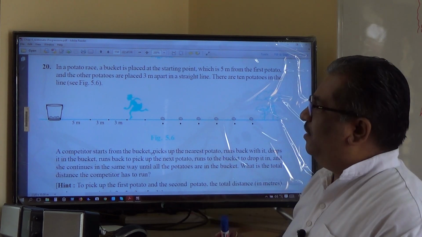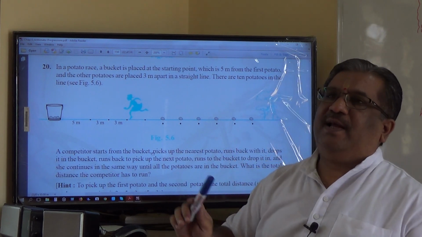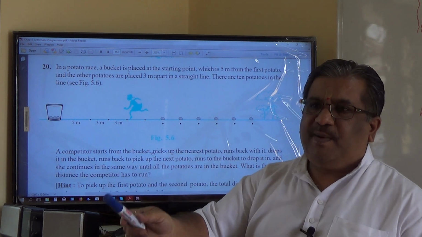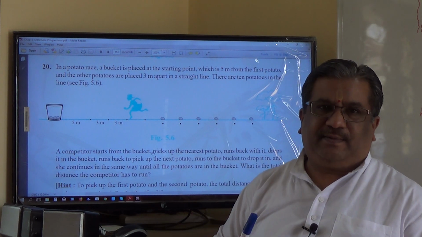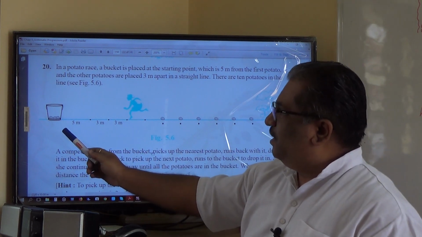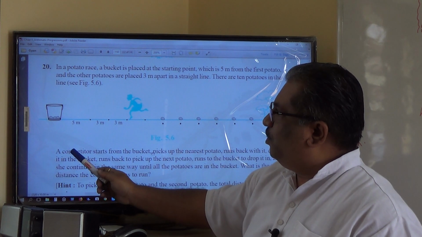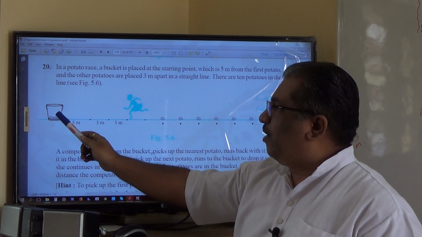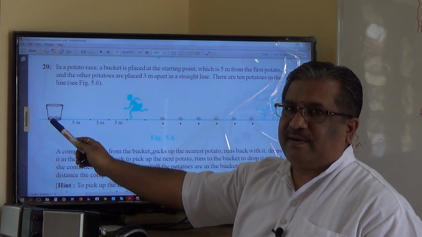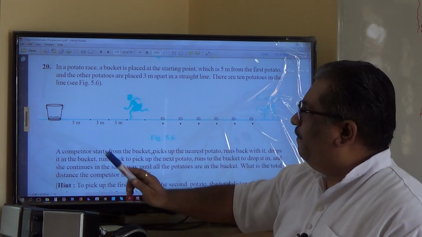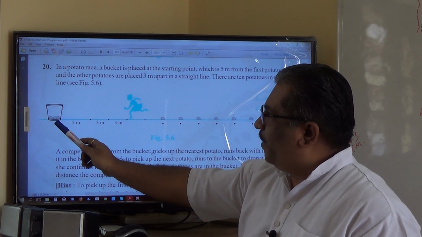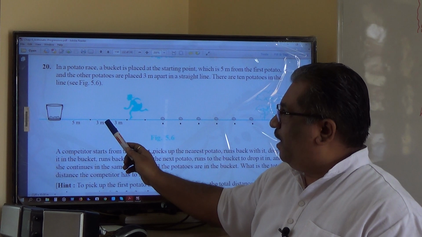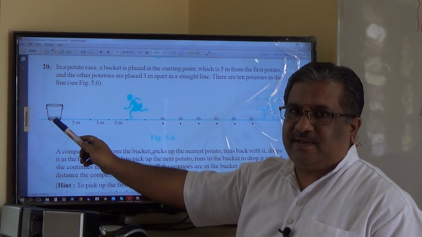Let us understand the distance traveled by the competitor to pick up and drop each potato. To pick up the first potato is 5 meters and to drop it is again 5 meters, so 10 meters. To pick up the second potato is 5 plus 3, 8 meters, and back once again 8 meters, 16 meters.